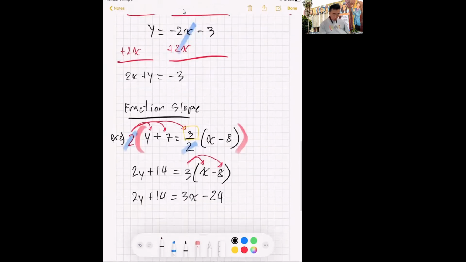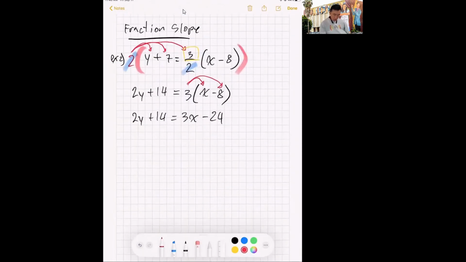And I'm just going to do what I did here. I'm going to move those 2 terms over. So I'm going to move the 14, and you can also move the x at the same time. You can do it all at once if you want to. It doesn't matter.